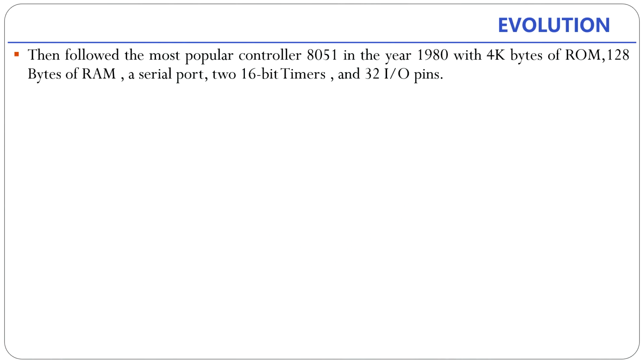Then followed the most popular microcontroller, the 8051 microcontroller, in the year 1980, with the features of 4 kilobytes of ROM, 128 bytes of RAM, one serial communication port, two timers and 32 IO lines.